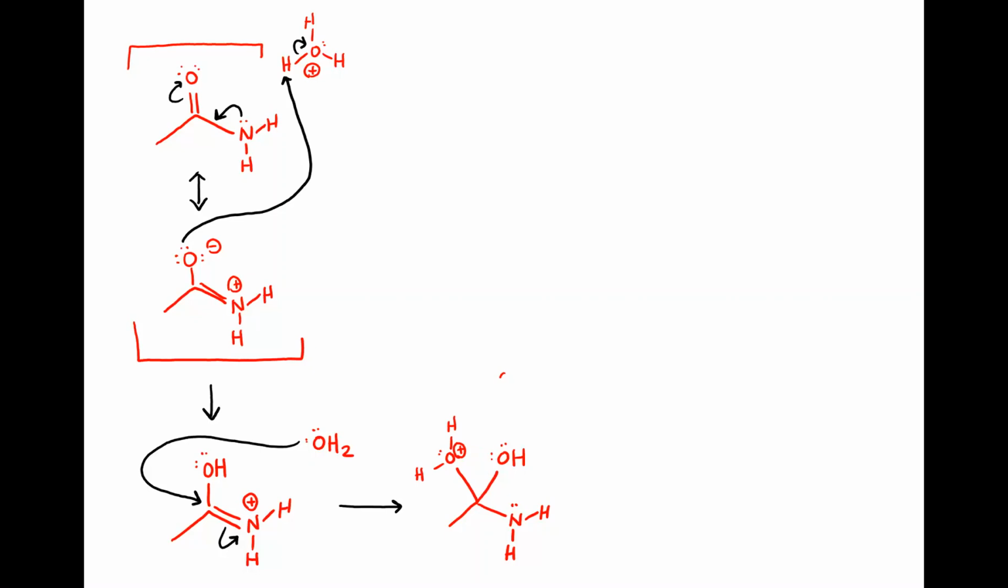In order to get to a carboxylic acid, we need to kick out the amine, but it first needs to be protonated so that it's a good leaving group. Before we can protonate it, however, we need to deprotonate the positively charged oxygen. We'll use water as the base in this reaction.